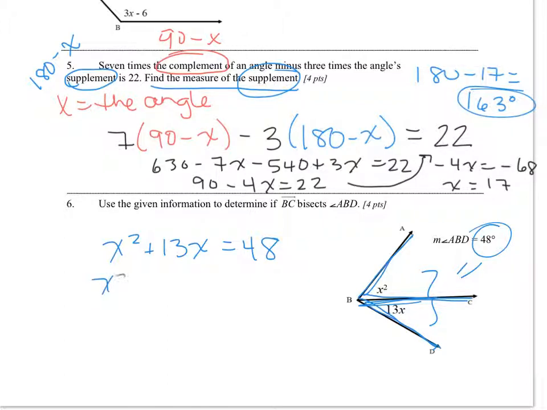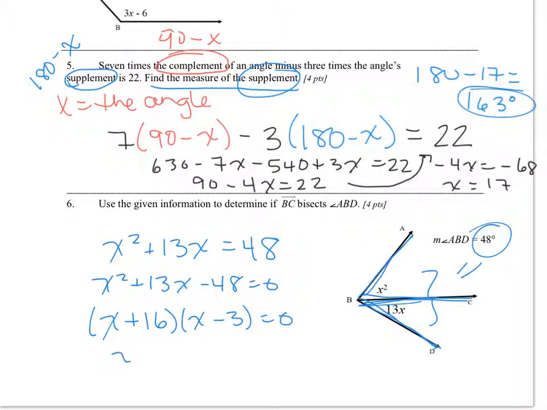This is a quadratic. So we set it equal to 0. We factor. The 2 things that add to 13 and multiply to negative 48 are positive 16 and negative 3. So x is either negative 16 or positive 3. Okay, and we can strike out the negative 16 because that's going to make this angle negative. This angle over here is going to be negative if we use negative 16, so that's no good.